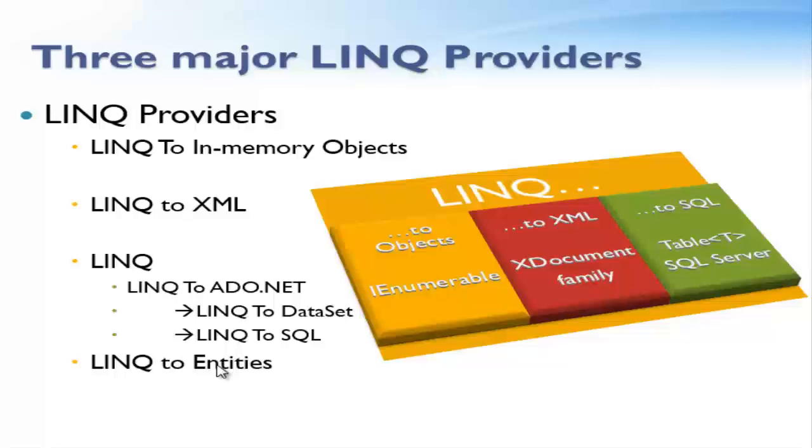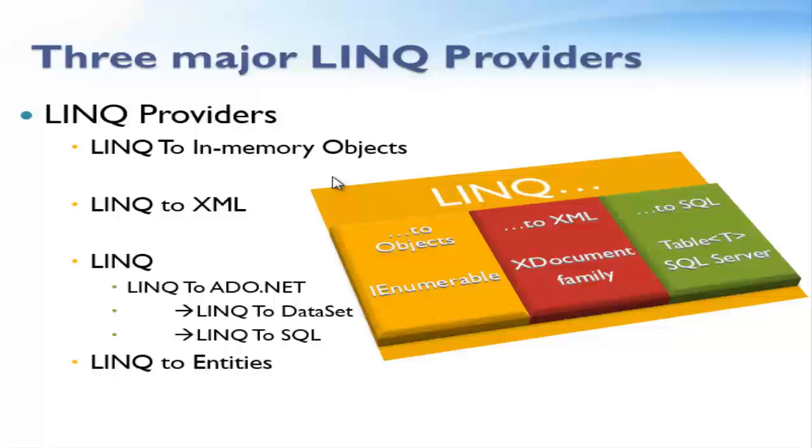In the world of Java, it is very difficult, because when you want to query the objects or entities created out of a data source, you have to use different methods. Whereas here, it is not a big deal, because if you know Linq, you will be able to query almost anything that has a provider. Now, what is the meaning of saying Linq to in-memory objects?